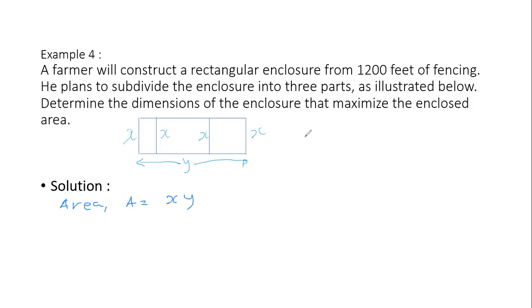Now, length of the fencing means this whole thing, from here all the way here, all these vertical lines plus these 2 horizontal lines. The length of them should equal how many feet? 1200 feet. Yeah.